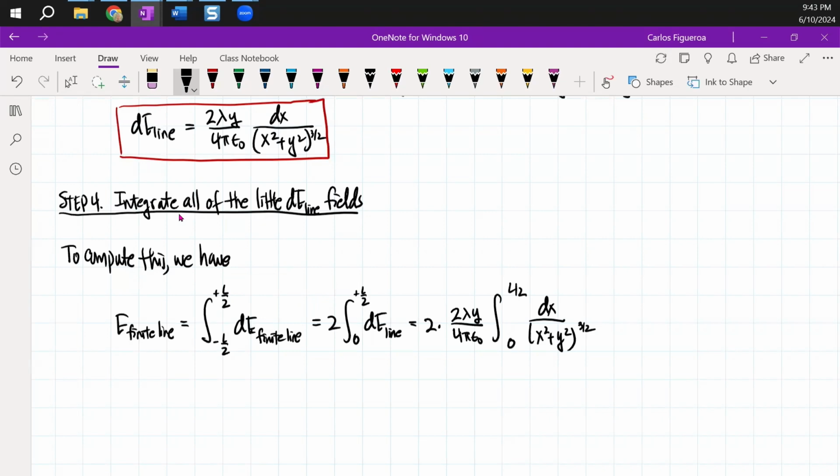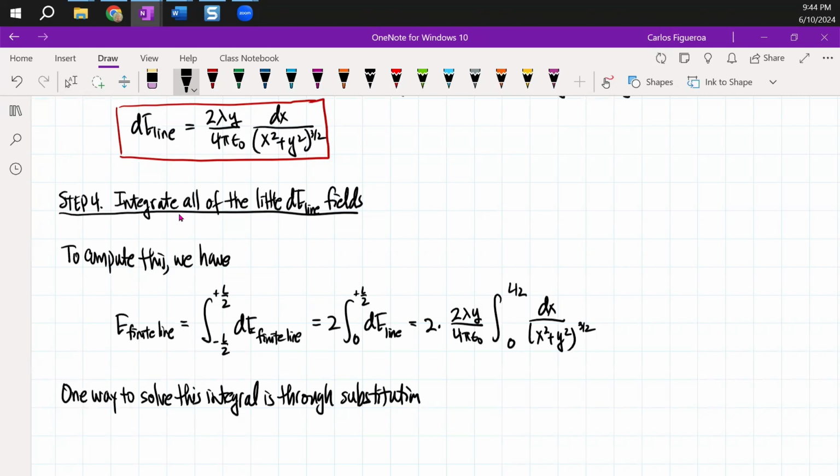Now, this is a standard integral, and I expect that you'll be able to do this. What do I mean by expect? I expect that if you're hardcore, right? So one way to solve this is through substitution. In this case, y is a constant.